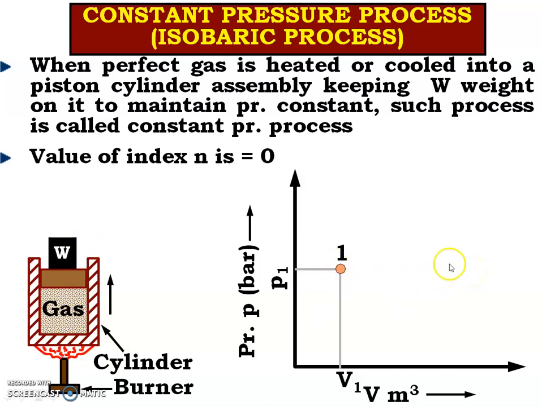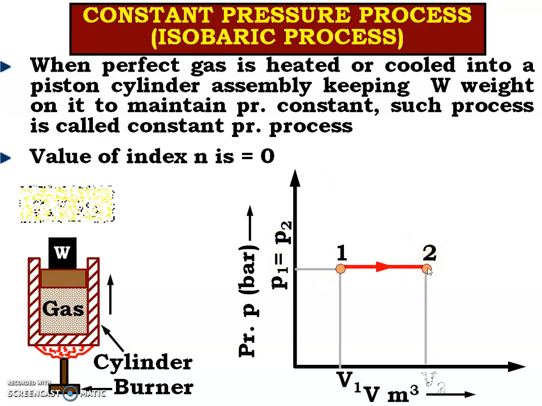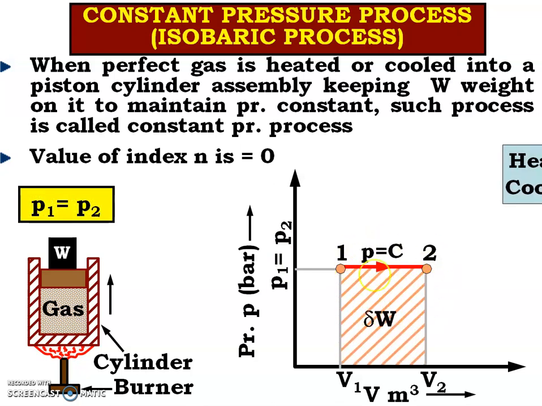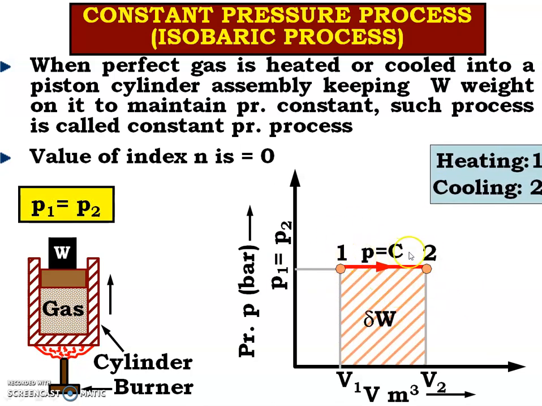So how can we draw the line, whether it is horizontal line or vertical line? Yes, it is a horizontal line, and it will reach to the point number 2. And at point number 2, pressure is not going to change. So pressure P1 is equals to P2. But at point number 2, volume is V2. Clear? And this process is known as the constant pressure process.